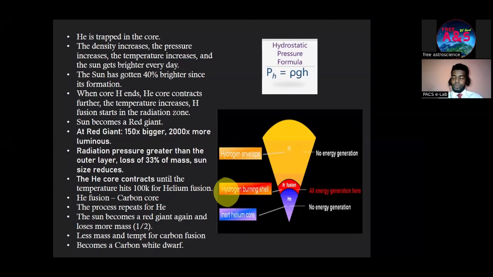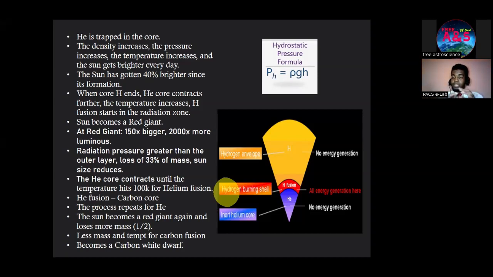So when the sun becomes a red giant, remember the mass is the same, but it is just getting bigger and bigger. So when that happens, the matter at the outer surface of the sun would not be able to be held.